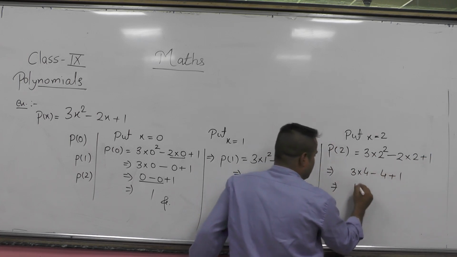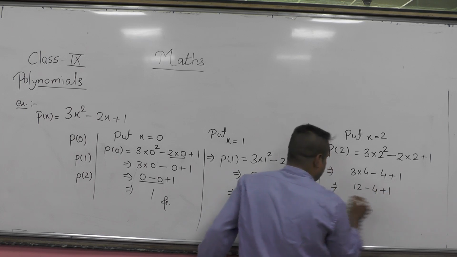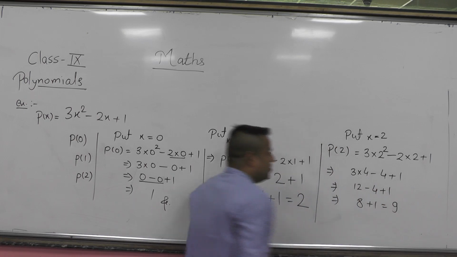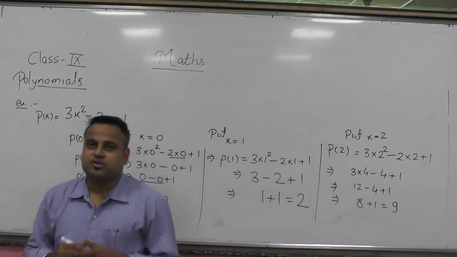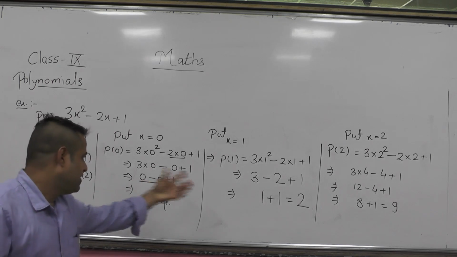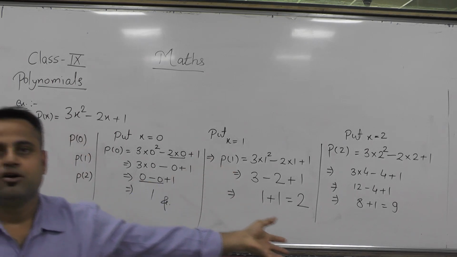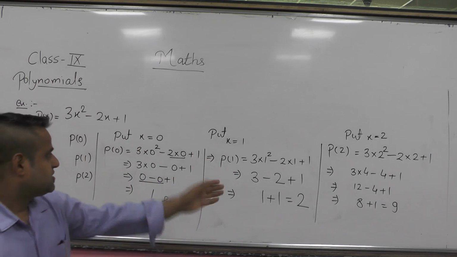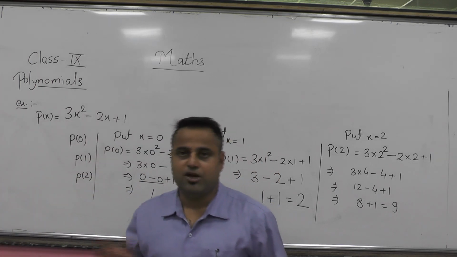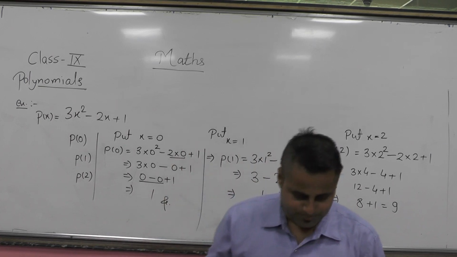Now 3 4s are 12 minus 4 plus 1. 12 minus 4 is 8 and 8 plus 1 is 9. So this is a positive expression. That's why as we increase the value, the value of the polynomial also increases. So this is how we can get the different values of the polynomial.